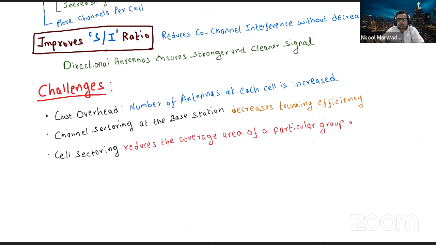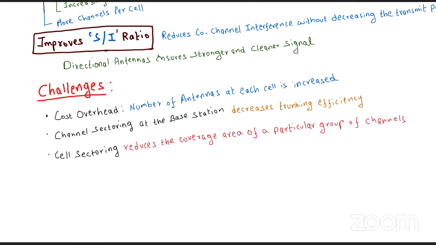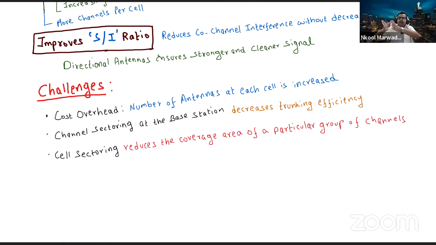And this is also very clear to us, isn't it? Because of the directional antenna, the coverage area will decrease.